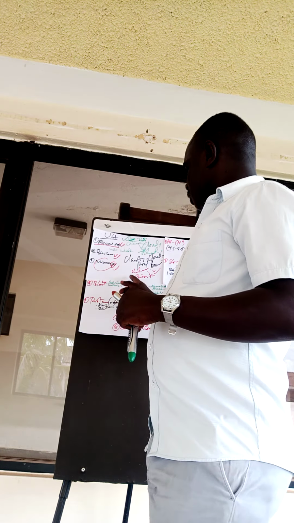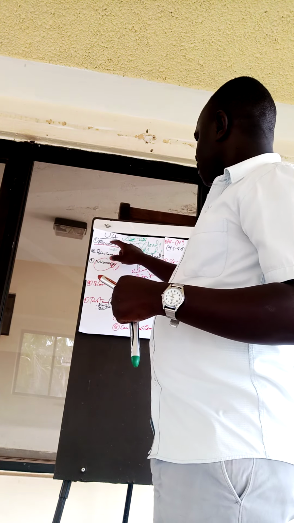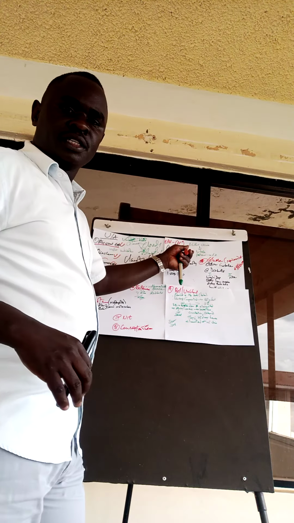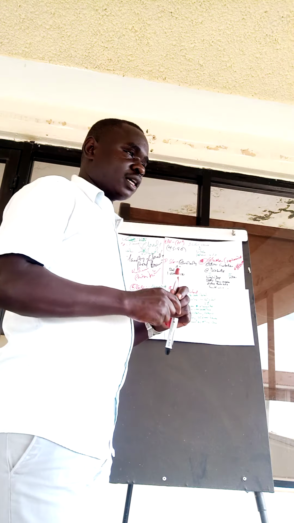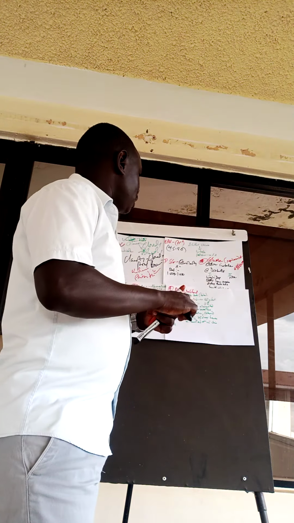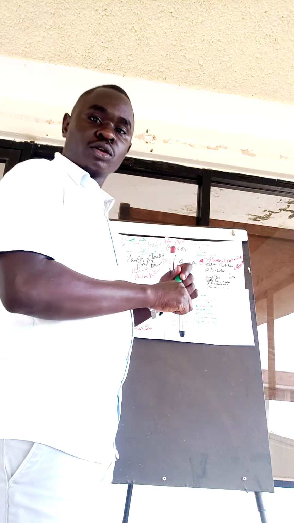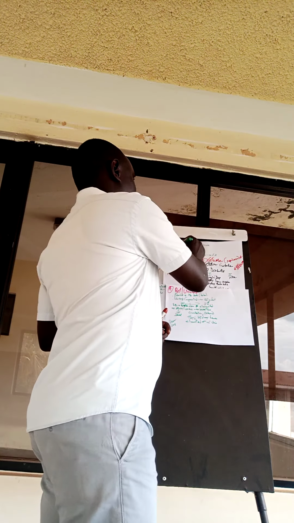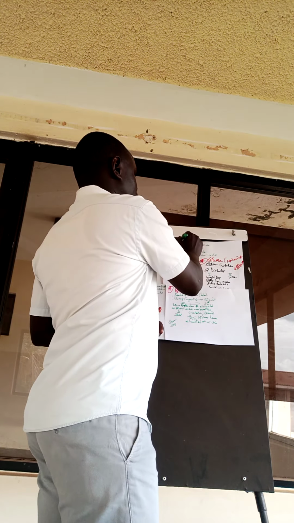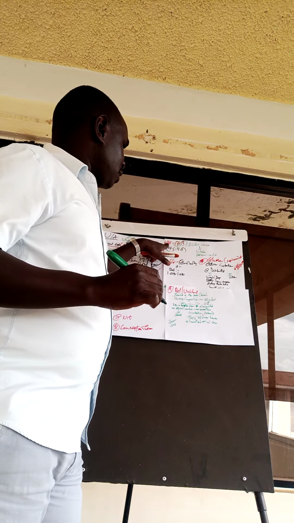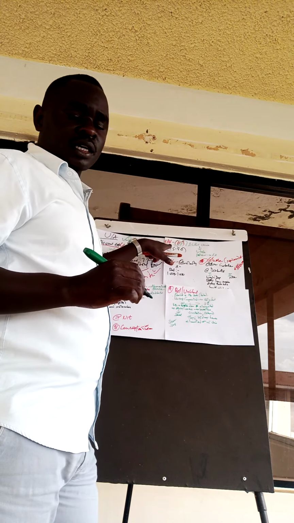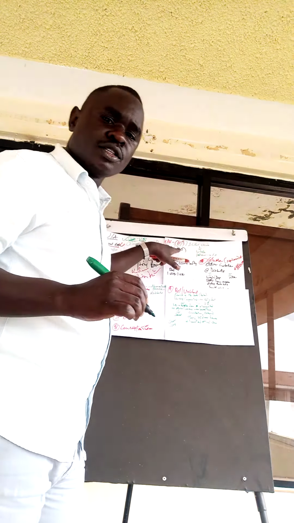So when we come to the biochemistry, for example, if we start with the pH, this is the measure of hydrogen ion concentration. pH can be a very good indicator in the analysis of urine.